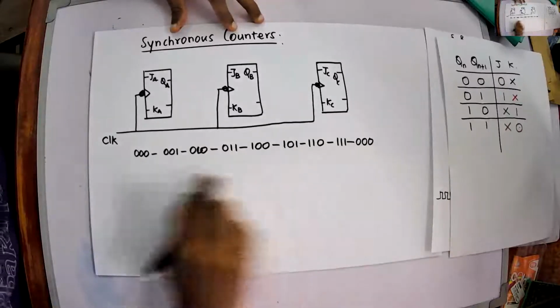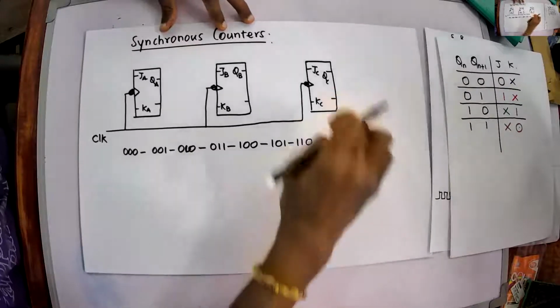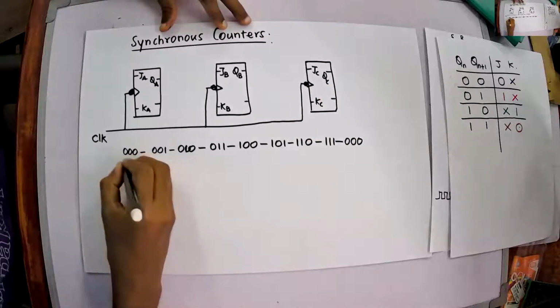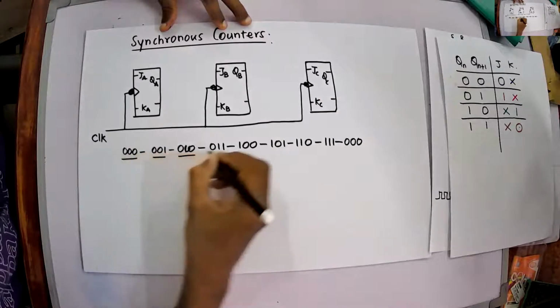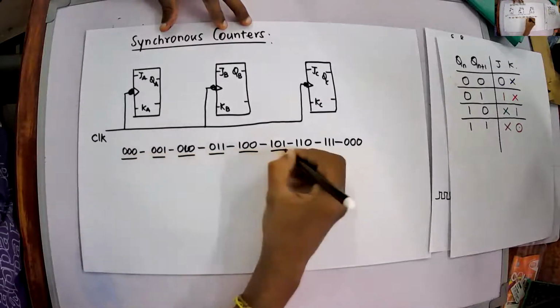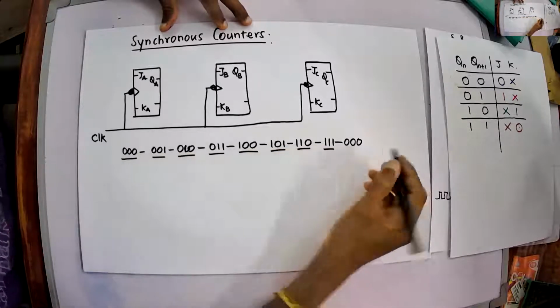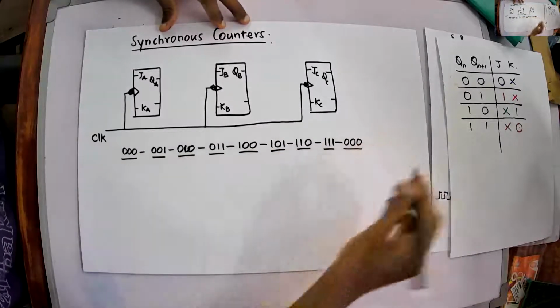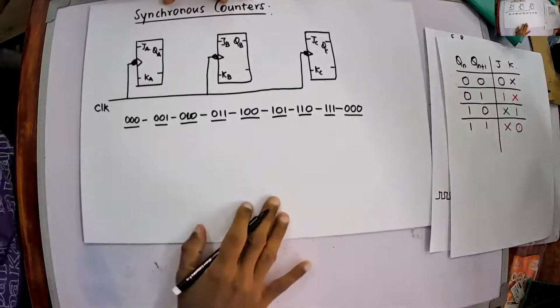This is the sequence this counter has to count. So this is state 1, 2, 3, 4, 5, 6, 7, 8, and then we have the 9th state.